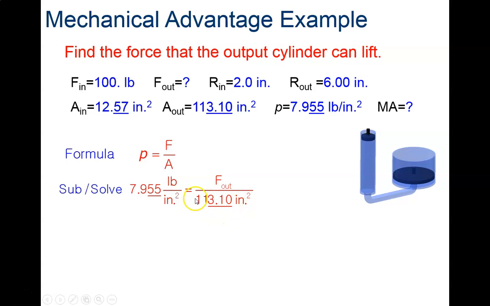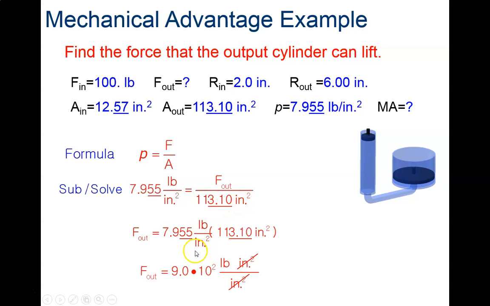So multiply through by 113, and we get that the output force is equal to basically 900 pounds. Okay. So we put in 100 pounds and we got out 900 pounds. So we gained force, but the trade-off was we lost distance.